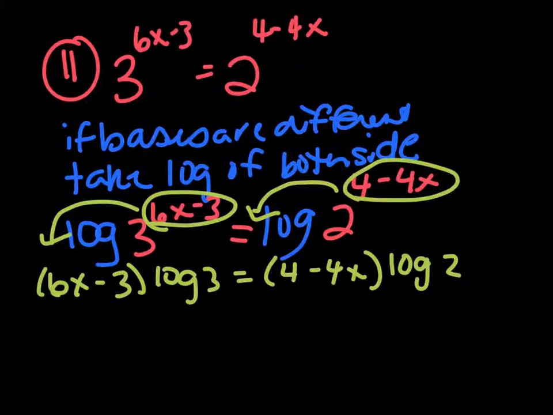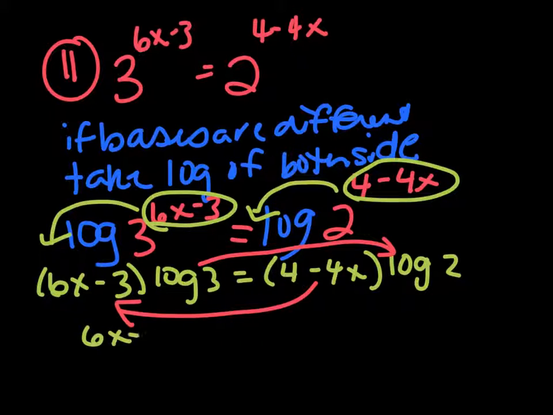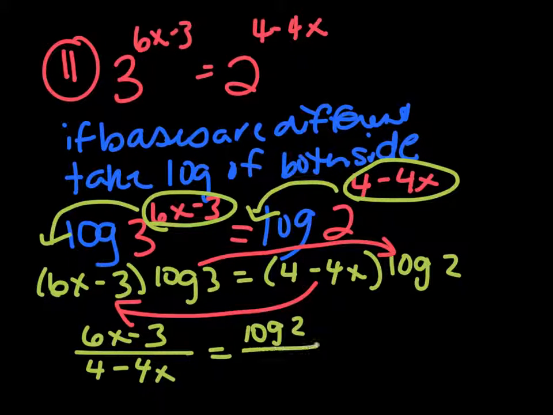Okay. And now that you don't have any exponents, you can get them all on one side. Move your x's to one side and your logs to the other. So you're going to have 6x minus 3 over 4 minus 4x equals log 2 over log 3.